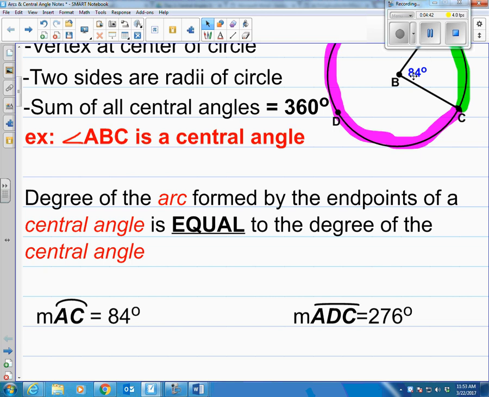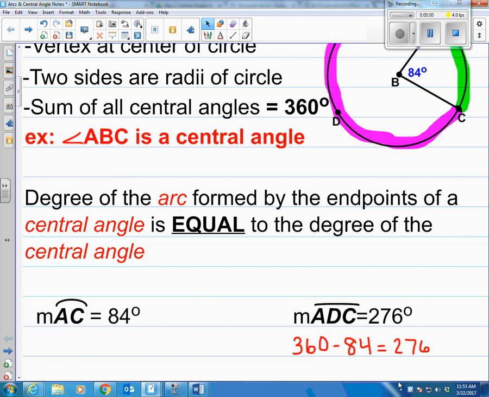So if this is 84 and the rest of it makes up arc ADC, then that has to be 276. So I just did 360 minus 84. And that's how I got 276.